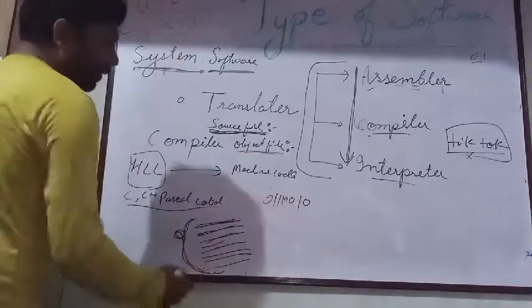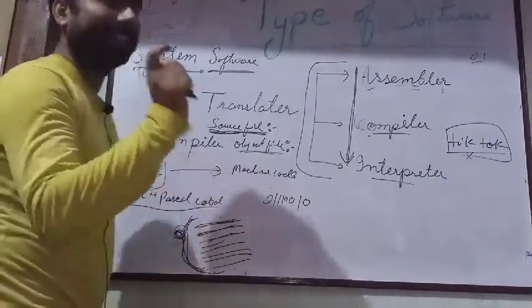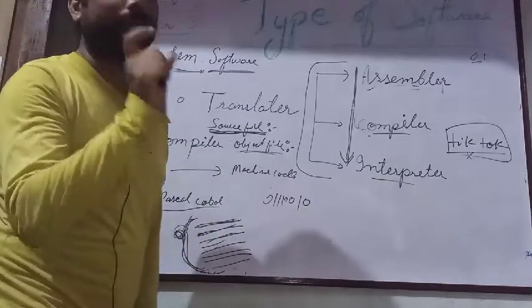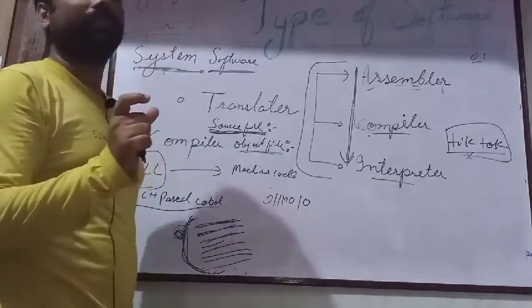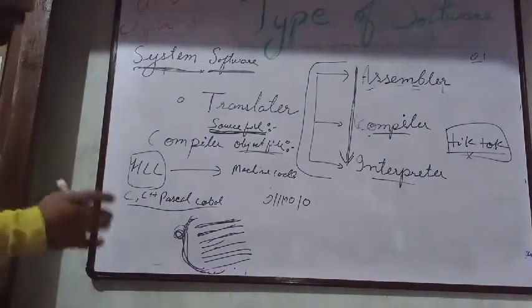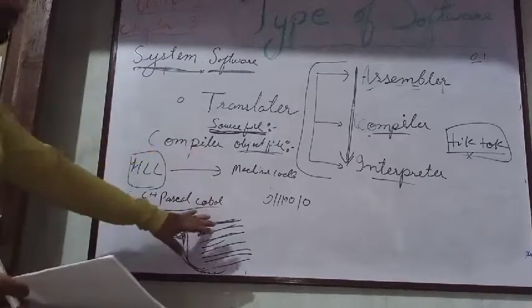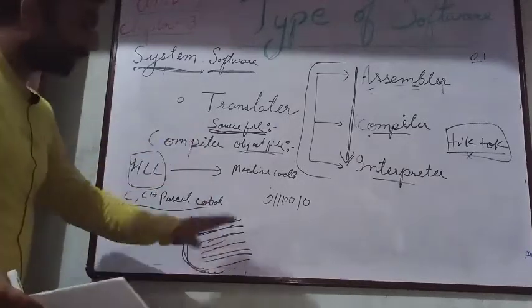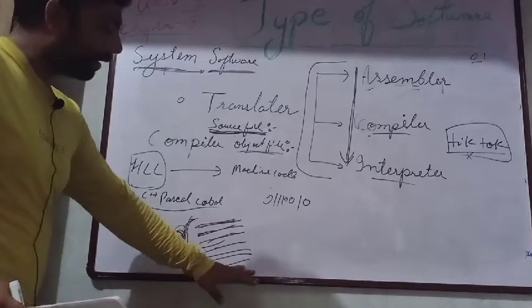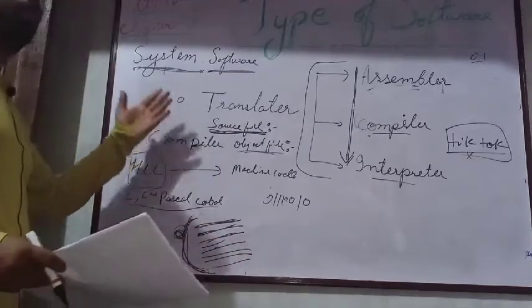That kind of error will be shown after compiling the whole program, and at the last, with the indication of the line in which you committed the mistake, it will be shown as an error and you can correct it.